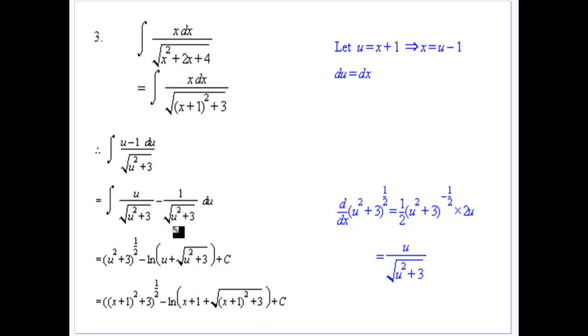So we need to be able to manipulate it a bit. That's why I've gone with a substitution. Let u be equal to x plus 1, and that comes from there. x would be u minus 1, so that's where I get the u minus 1.